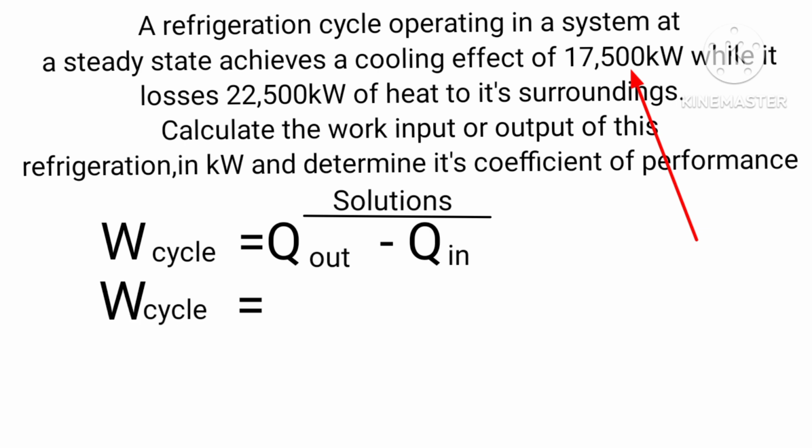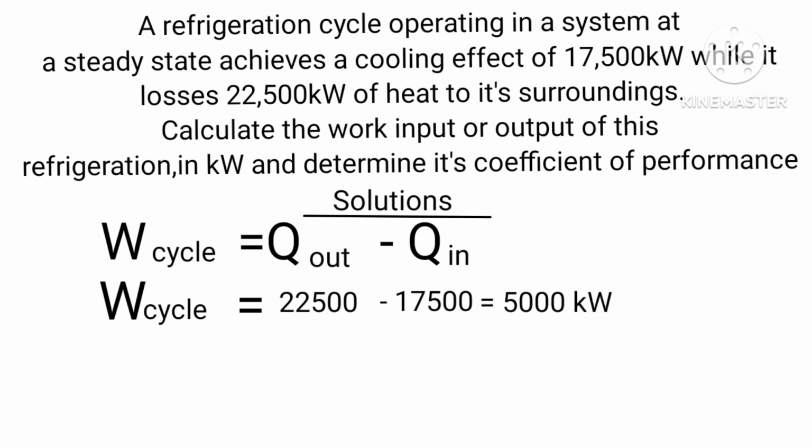So Q out, which is 22,500, minus Q in, which is 17,500, will give us 5,000 kilowatts. So we have the work input of this refrigerator as 5,000 kilowatts. Now the next question says that we should determine its coefficient of performance.